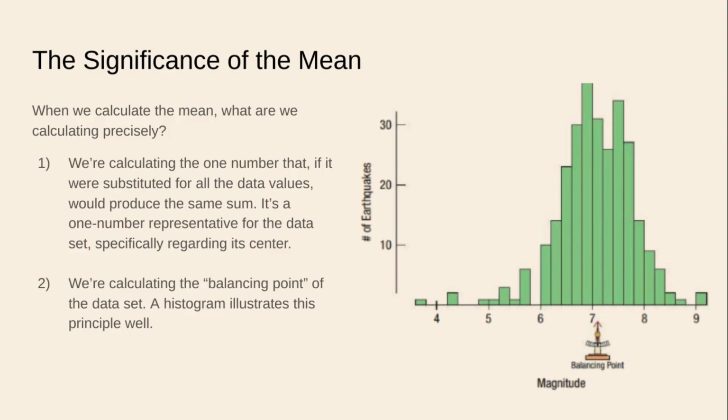We have this little scale right here that you'll see in your textbook. This picture is taken right out of your textbook. And you'll see that if we were to stick this point right here, we could balance the histogram, as it were. So we have an arithmetic and a geometric way of understanding the mean. Cool.